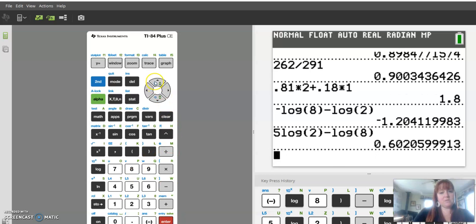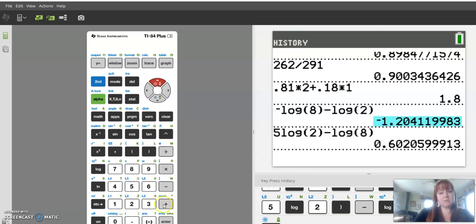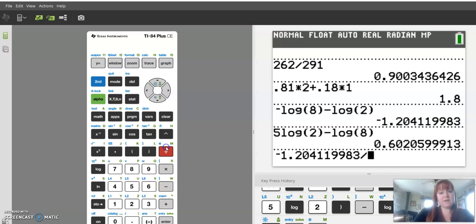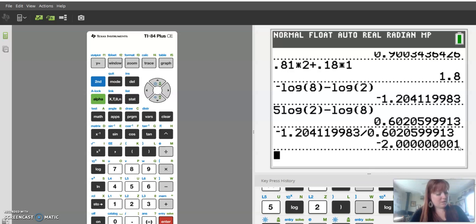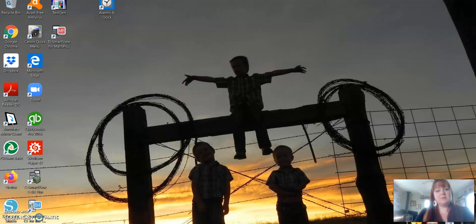Okay, and so now we take the first one, we divide it by the bottom, right? That's the bottom, and what do we get? We get negative 2 and a little tiny 1 here, but that's because our calculator is bad at rounding. So it's negative 2. It's the same as what we got before in the other way. It's just another way of doing it.